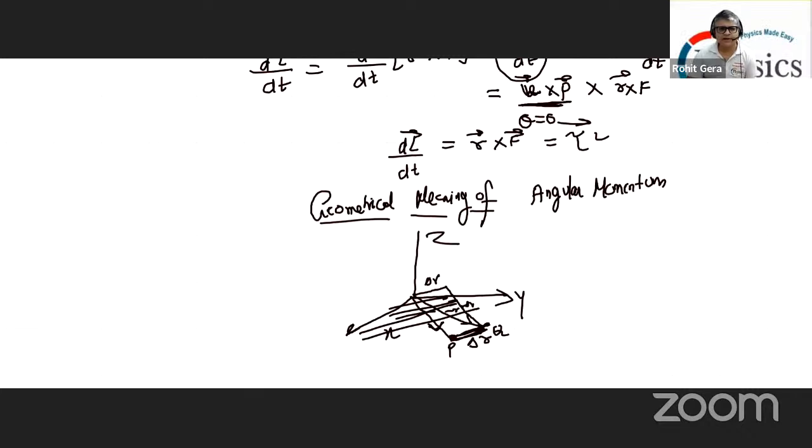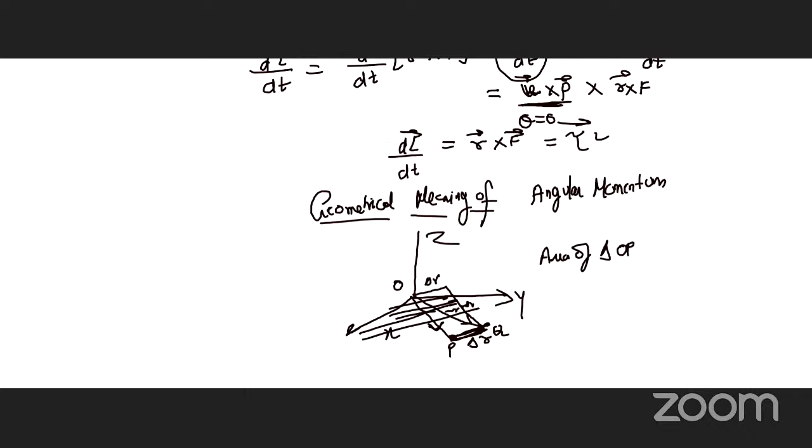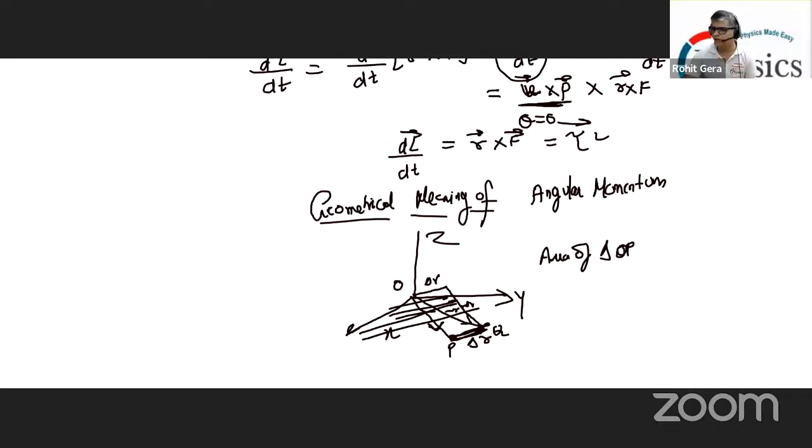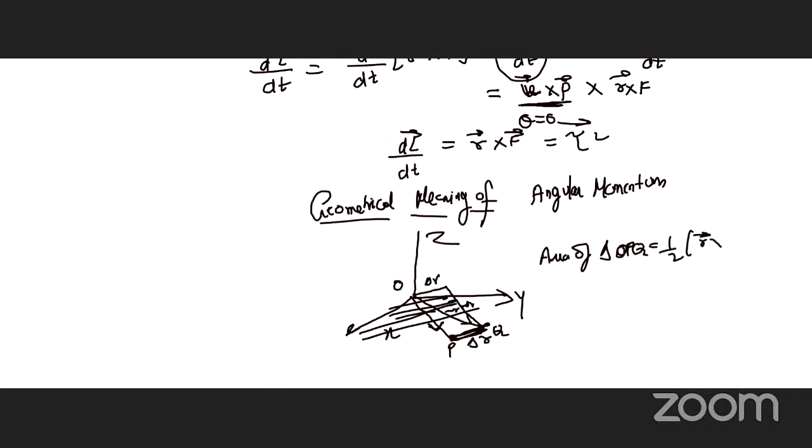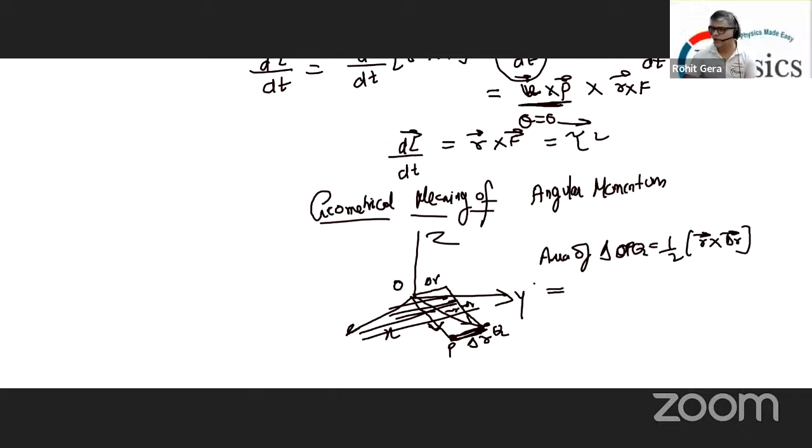If you look at this carefully, the area of the triangle PQO, the area of triangle OPQ, is equal to half into R delta R, half base into perpendicular.